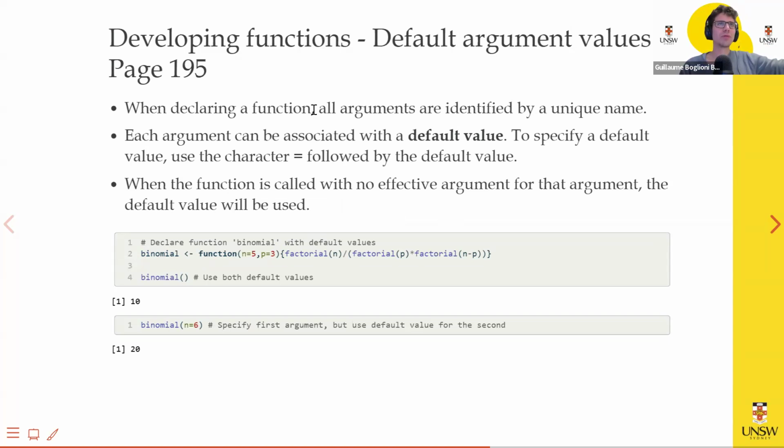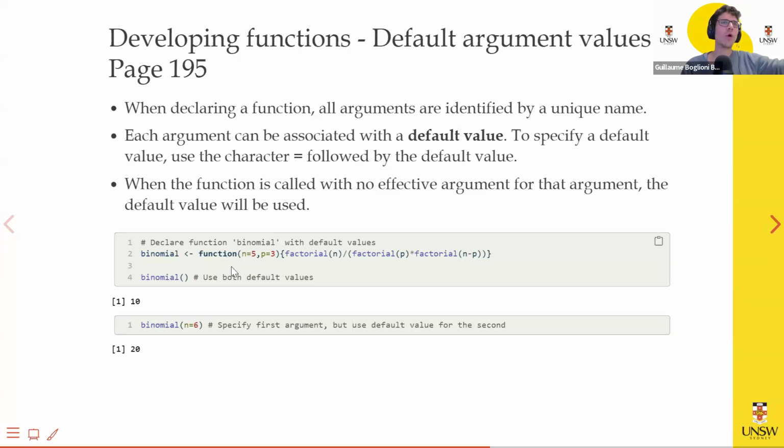I believe this is something we covered already, but each argument can be associated with a default value, though it doesn't have to be. To specify a default value, when you create a function, you just set it equal to whatever default value you want. When the function is called with no effective argument for that specific argument, of course, the default value is used. So here, I've created binomial to be the same function, but now I put explicitly that n equals 5, which means the default value is 5.